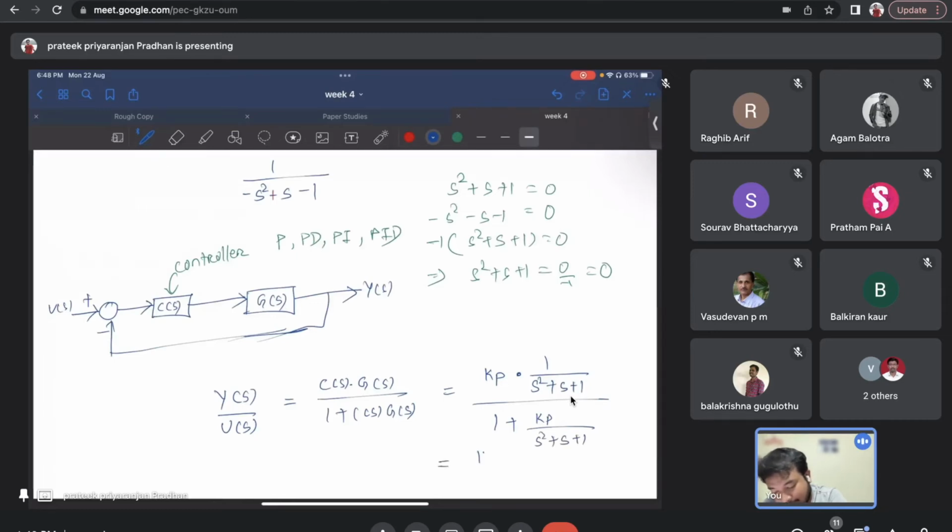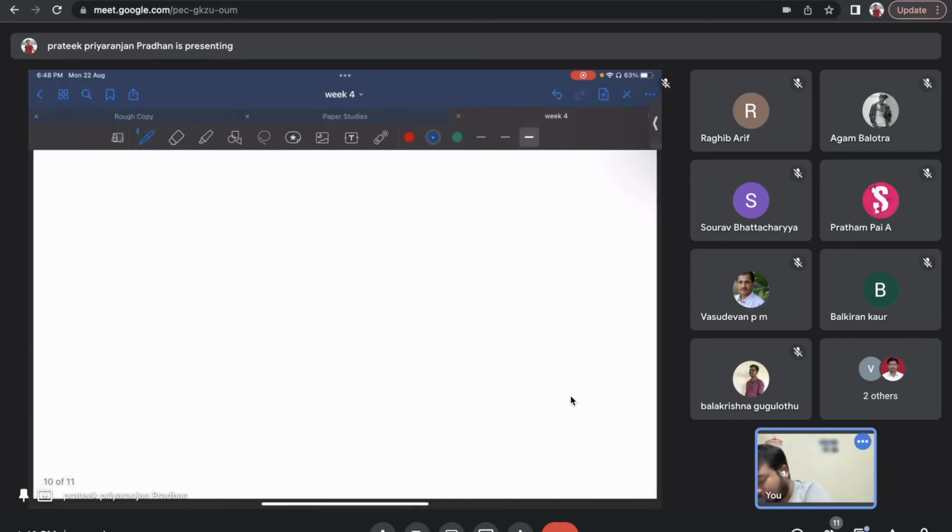So it will be Kp divided by S square plus S plus 1 plus Kp. Is it correct? I guess I'm correct. So my closed loop transfer function is equal to Kp divided by S square plus S plus 1 plus Kp.